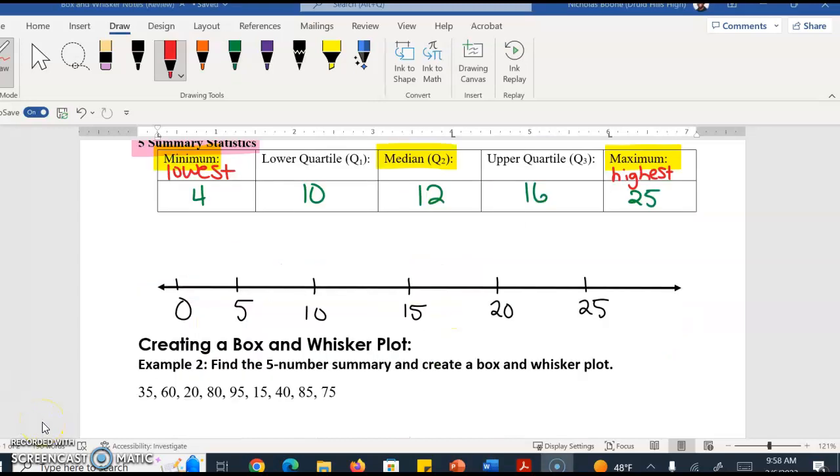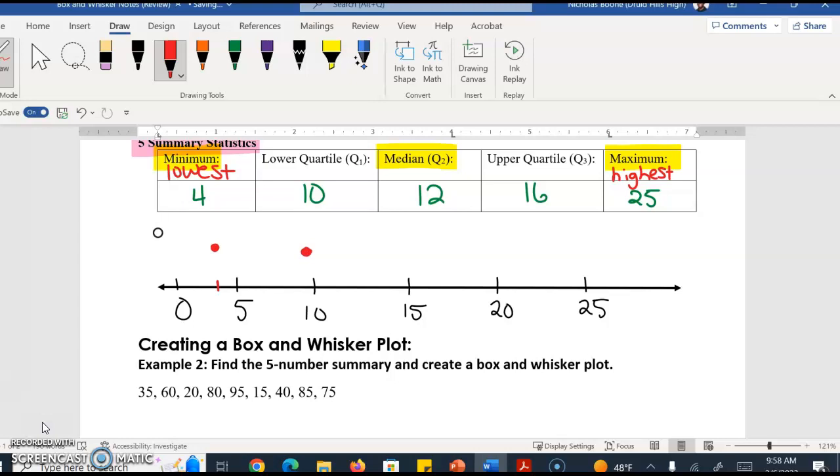Once we find our 5 number summary, then we can go ahead and create our box and whisker plot. And so all you're going to do is you're going to put a point on the number line where each of these data values is. So for example, 4, we can say 4 is like about right here. So we're going to put a point there for our lowest. Then we have the lower quartile at 10. We have the median, which is at 12.